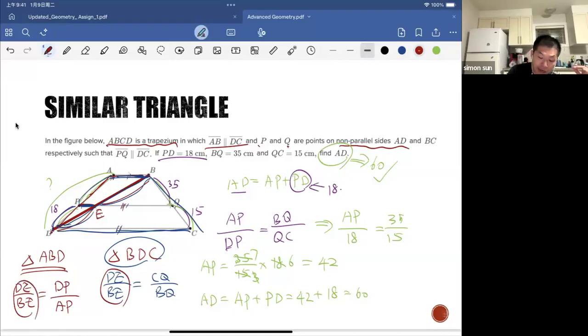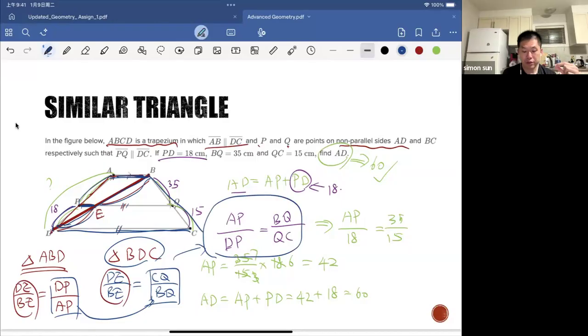So what we have right now is PD over AP is actually the same as CQ over BQ, right? Look at what we use to solve the question. It's basically the reciprocal of this one. DP over AP is equal to CQ over BQ. You just take the reciprocal on both sides. It also works.